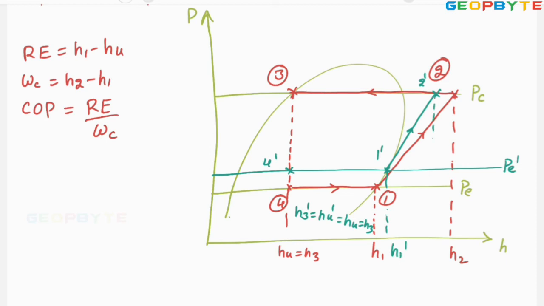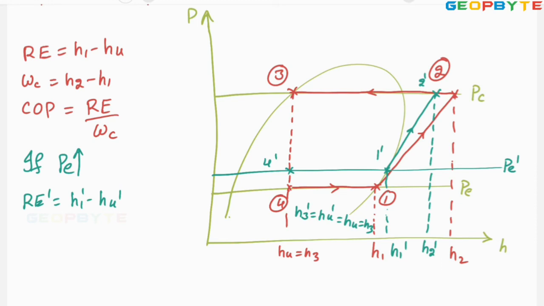This is the H2 dash after compression. Now, if evaporator pressure is increasing, what is the new refrigeration effect? RE dash equals H1 dash minus H4 dash.